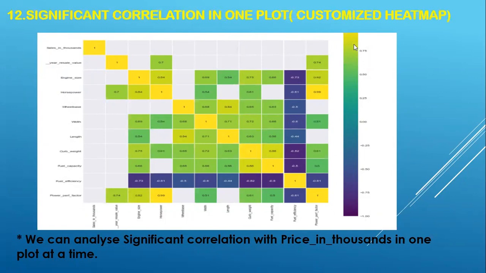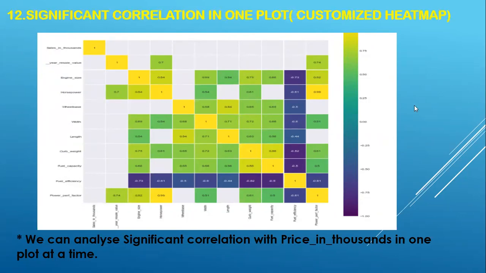This is the highest correlation. The lowest correlation is -1. In this line, the highest correlation is 1, and the lowest correlation we can say are the negative values. All the yellow color values are the highest correlation, and all the purple color values are the lowest correlation. Like this we can conclude at a time.